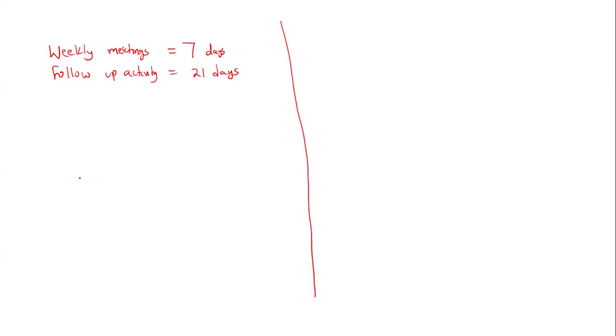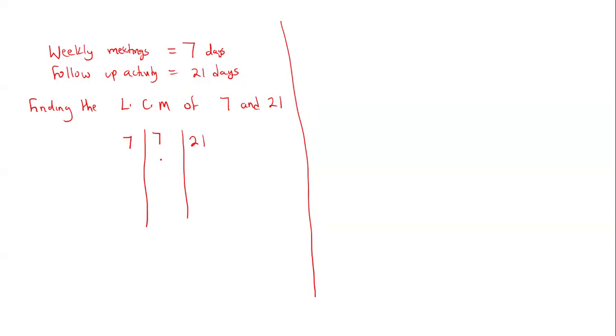Now, here I will say, finding the LCM of 7 and 21. That is what you have to do. So I'll come here and I say this is 7 and this is 21. So I start by 7, 1. By 7, this is 3.